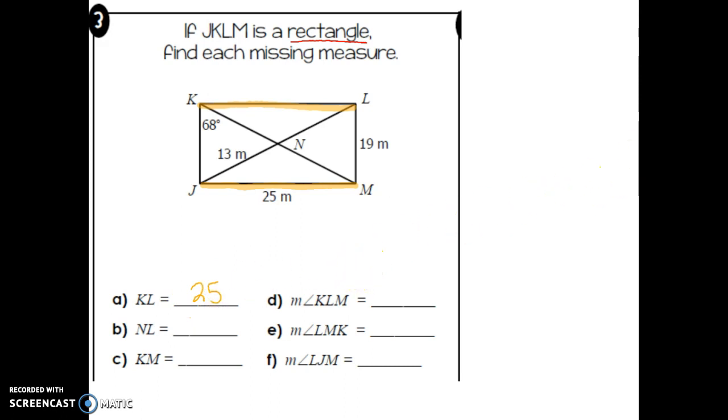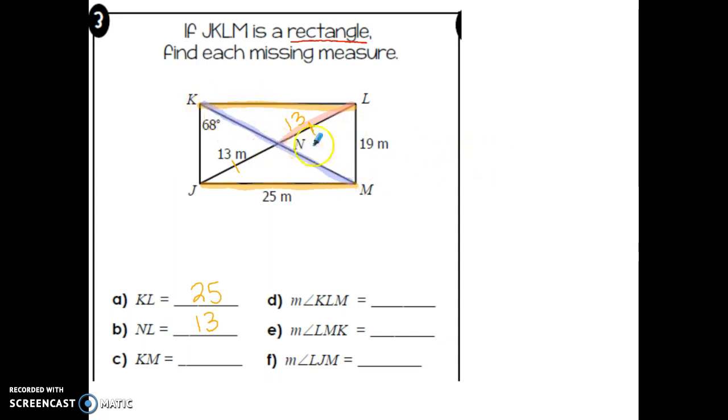Then we are asked about an L. An L is only half of this diagonal. However, we still do know that they bisect each other, and therefore these two are congruent. So this is 13, and L will also be 13. And then last we have KM. So KM is this entire diagonal.